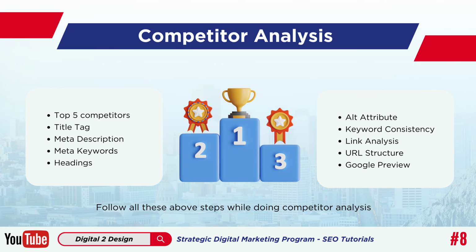The next one is keyword consistency. It depends on how many times you have used the primary keyword on your website. For example, on your competitors' websites, check how many times keywords are repeated. Note the count of repeated keywords. Repeatedly using a keyword helps them rank first. If we could analyze their consistency, it would help our website.